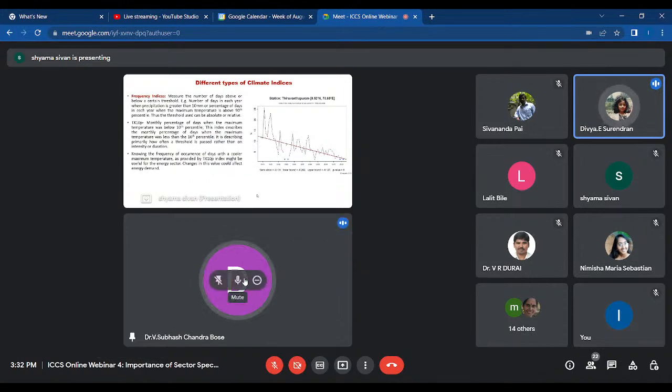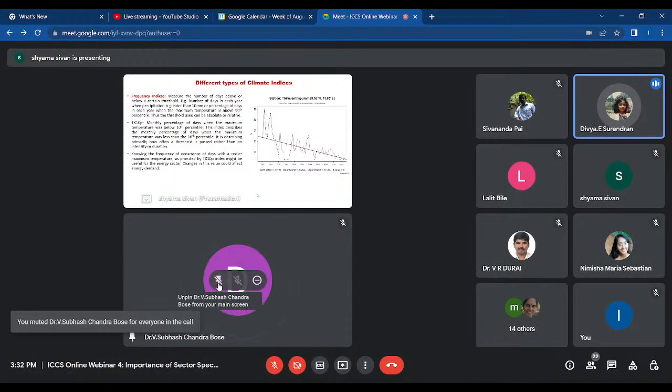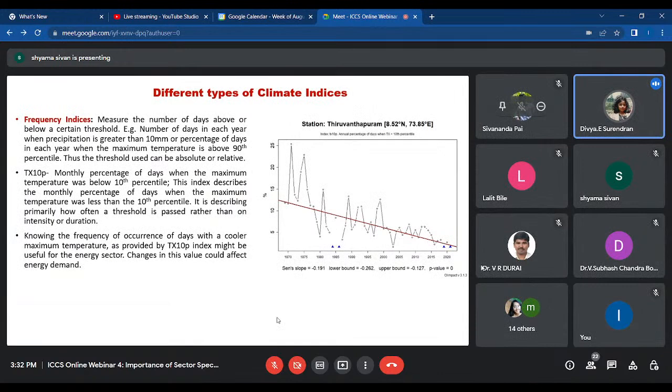So basically we use percentile-based analysis to understand the extremes, the positive extremes of that particular data.